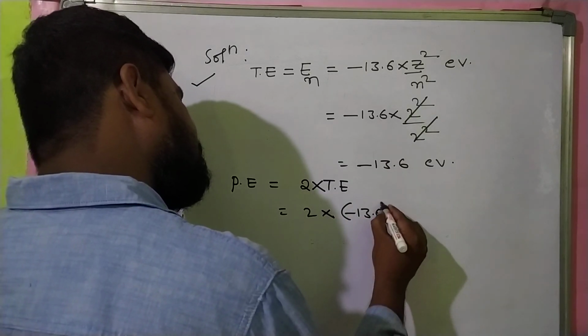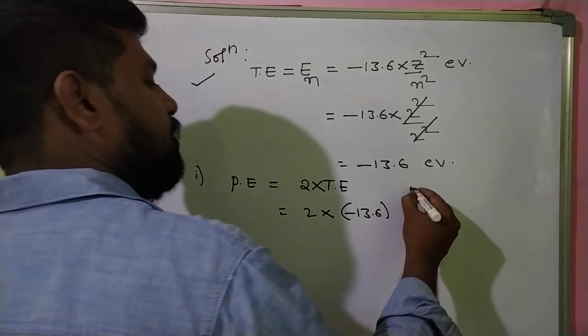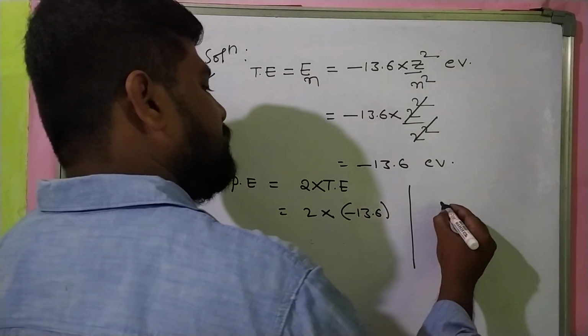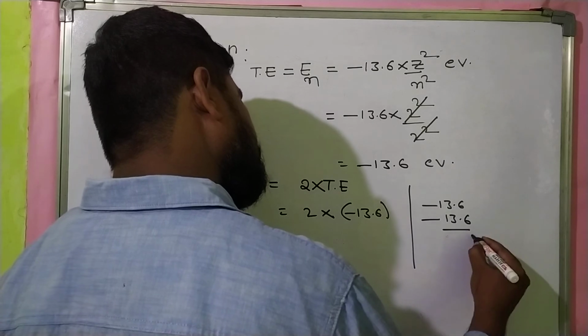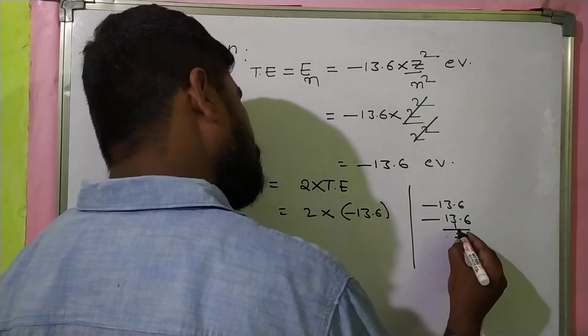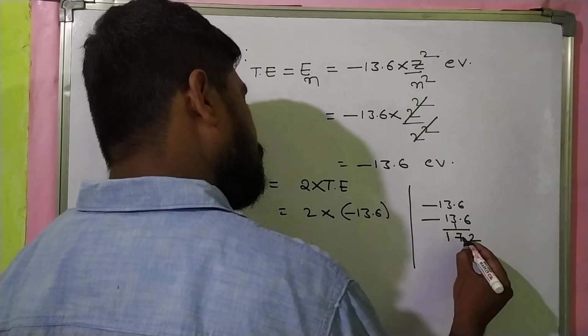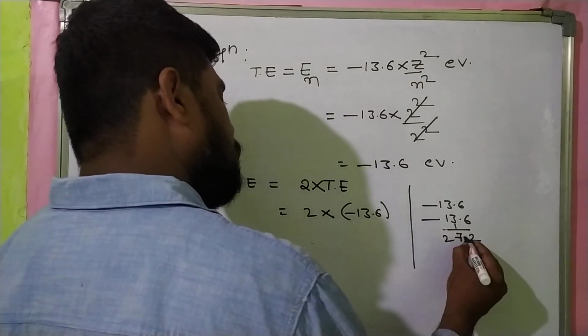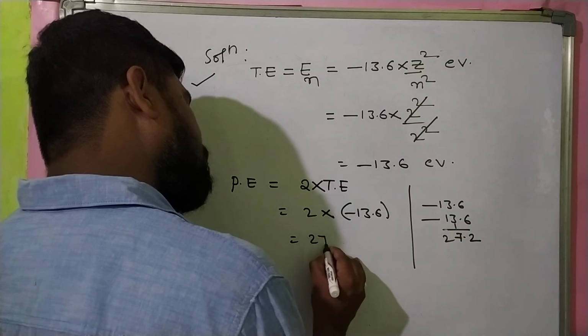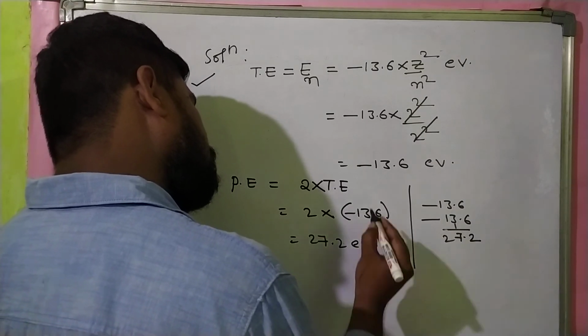Minus 13.6. 2 into 13.6 means minus 27.2 electron volts.